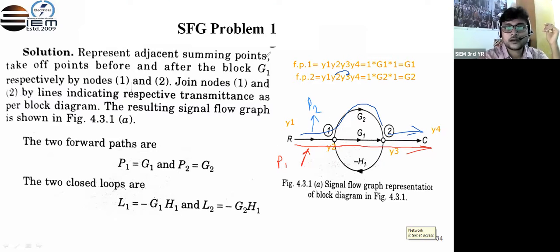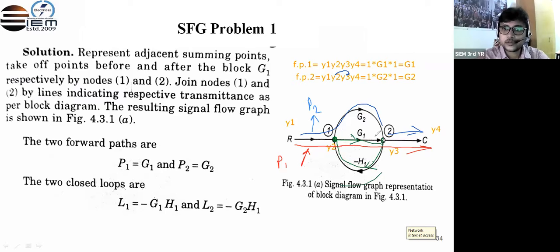So for your understanding, I will show you. See, one loop starts from y2. Okay, clear? It travels to y3. Clear? Then see the direction. So this is the direction.